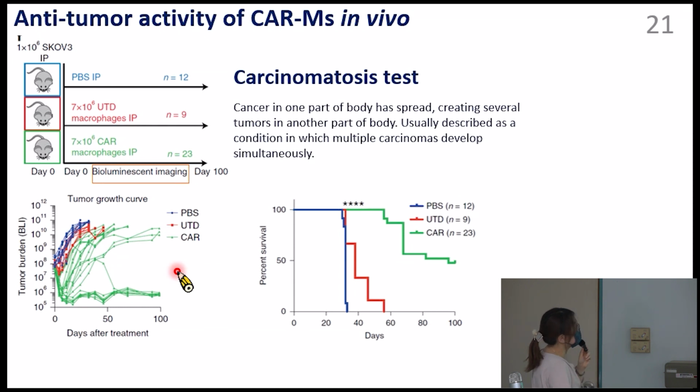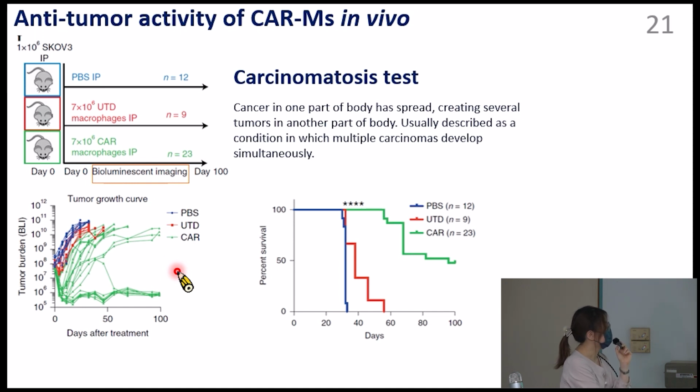So next, they want to see some other tumor feature. And I think this concept is very similar to metastasis. It's called carcinomatosis. Okay, it's very similar to metastasis, but a little bit different.